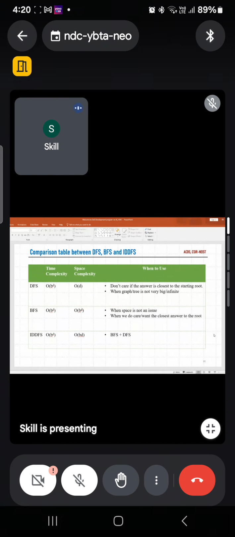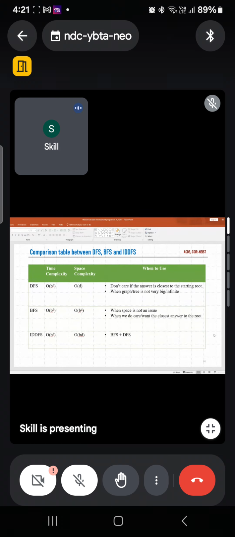And for space complexity, we can write order of b into d. So like DFS, IDDFS is depth limited at each iteration, which means it will only store the current path explored. So the space complexity of DFS for each iteration is order of d, but in IDDFS, it performs DFS for each depth level.